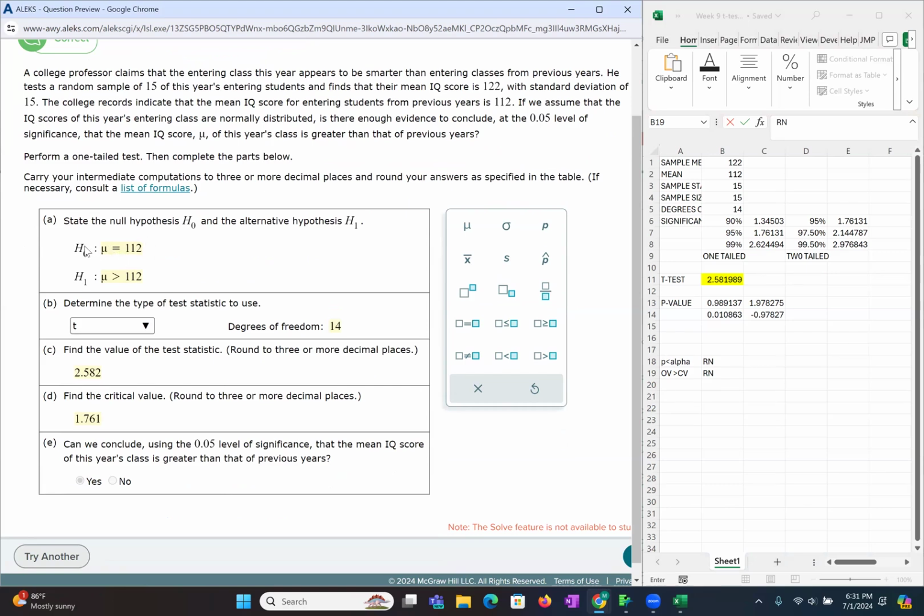I forget about this top part. I'm looking at the bottom part as being true. Read the sentence again. We conclude, using a 0.05 level of significance, that the mean IQ score of this year's class is greater than. That's what it says. So we'll say yes.